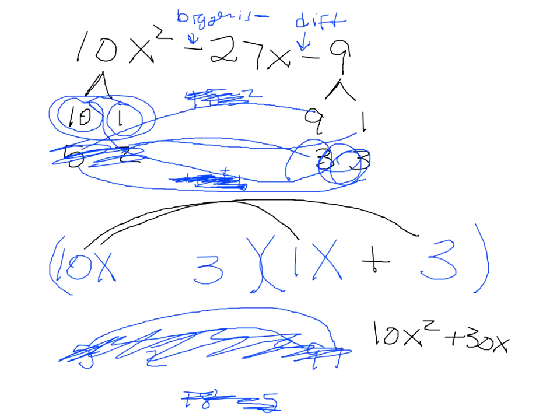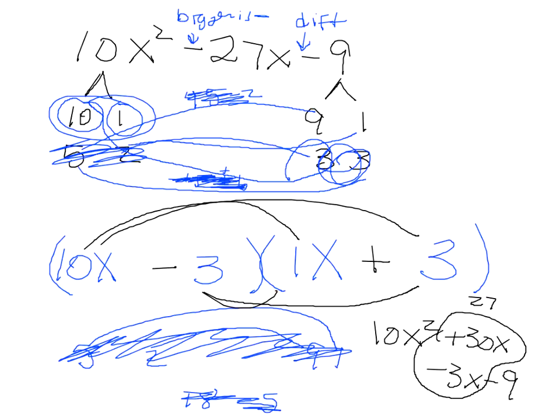This is going to be positive because it's going to give me 30x, and the bigger is positive, minus 3x. And then minus 3 times 3 is going to be minus 9. So when these combine, I get plus 27x, which is what I'm looking for. So this is the correct factorization.